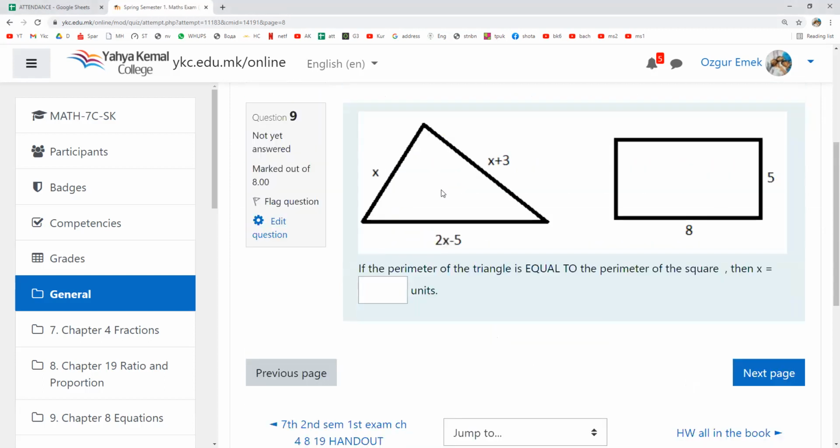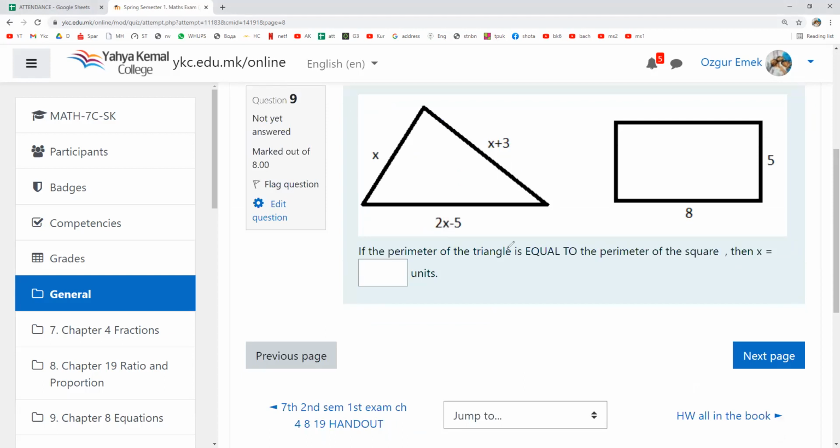Yeah, forming equation. I told you the perimeter of the triangle and perimeter of the square. Oh, this was a copy-paste problem, but you understood that the shape was rectangular, I guess. Are equal. They are equal. What are equal? Perimeter of triangle and perimeter of rectangle.